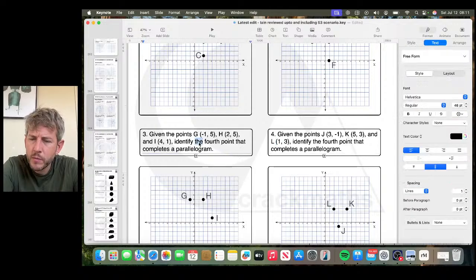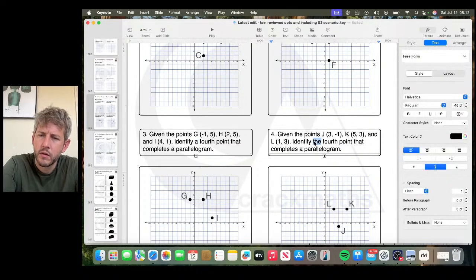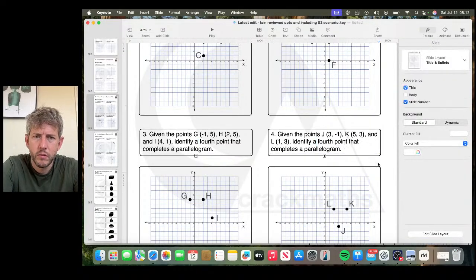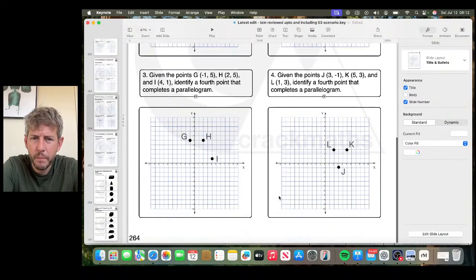Right here, because there's options, I'm going to change this to A. In fact, a square, parallelogram.